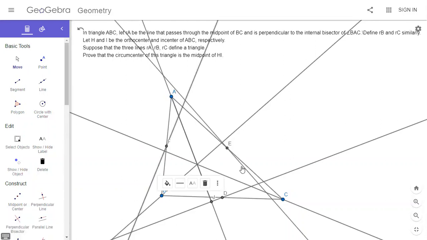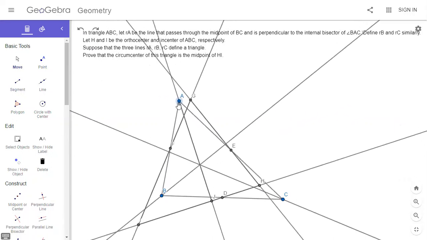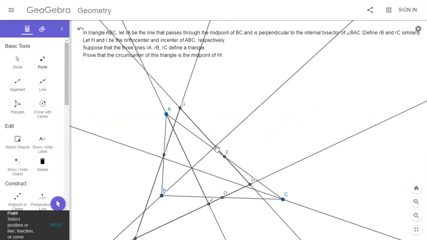So this, this, and this. Okay. I think so, yeah. So that, and that. And might have already drawn AJ. Yeah, I want to draw these points, like this point. Oops. I'm going to hide some stuff, just to make things nicer.